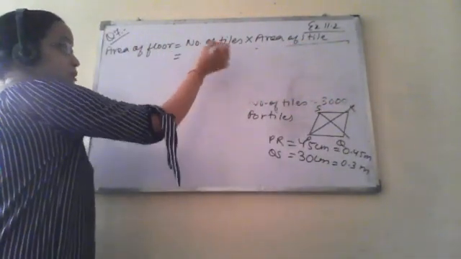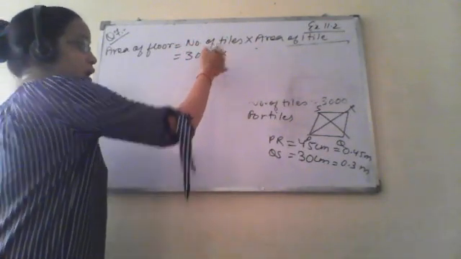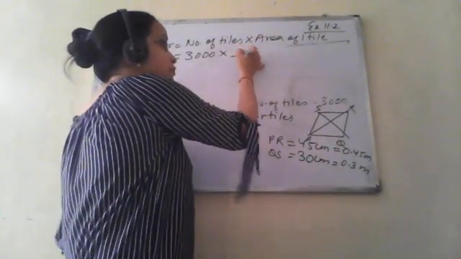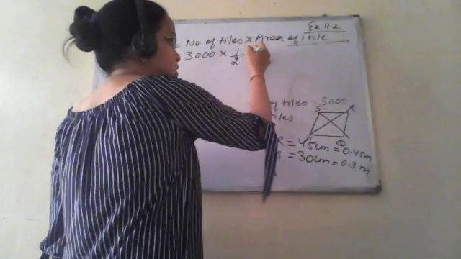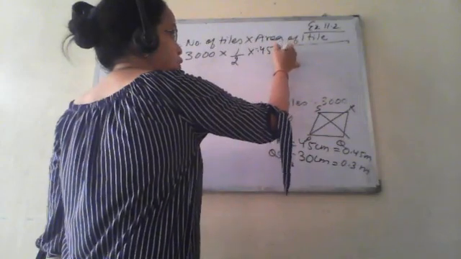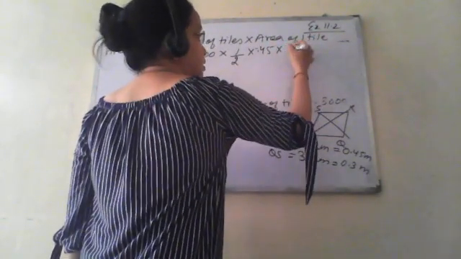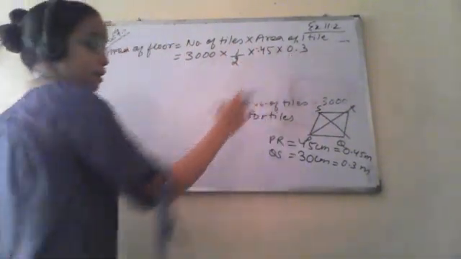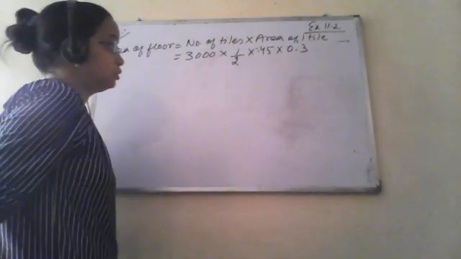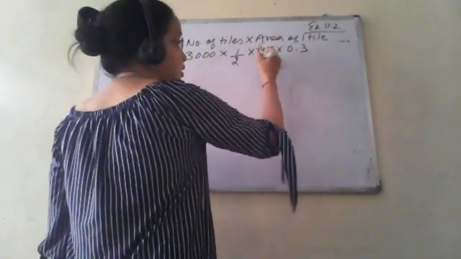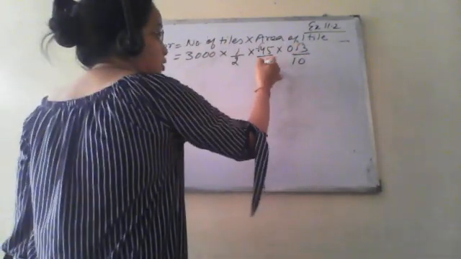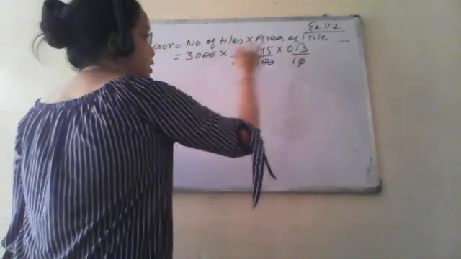Now area of floor, number of tiles is 3000 and area of one tile will be, since it is of rhombus shape, half the product of diagonals, that is half into 0.45 into 0.3. So this is the area of one tile. So it is simple. This is 100, this is 10. Now this is cancelled.